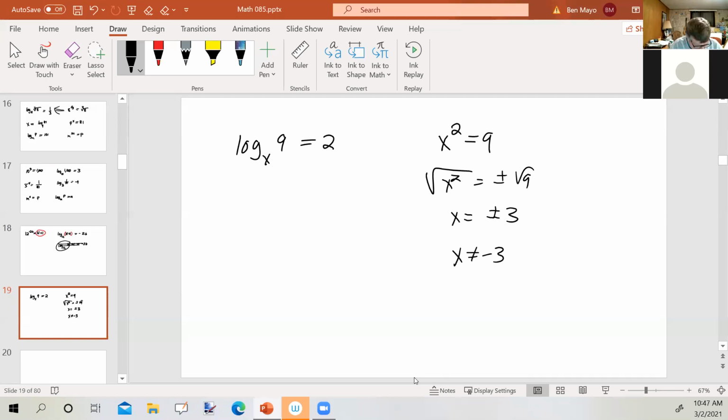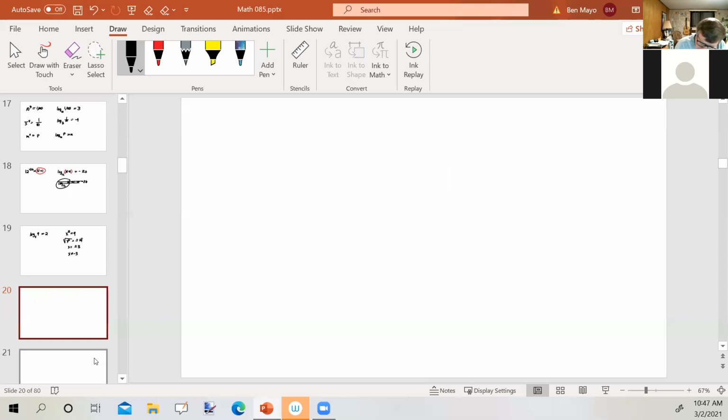Well, let's do some reviewing of what we looked at yesterday. We talked about if we have something in the form, let's say y equals b to the x power, an exponential equation, b has to be greater than 0 and b cannot equal 1. Do you remember that from yesterday? Hopefully.